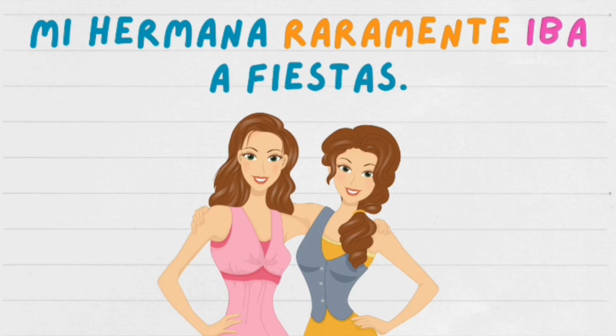Here we have another sentence. My sister rarely went to parties. This means, in Spanish, mi hermana, my sister, rarely, raramente, went, this is our verb in the imperfect past, iba, to parties, a fiestas.